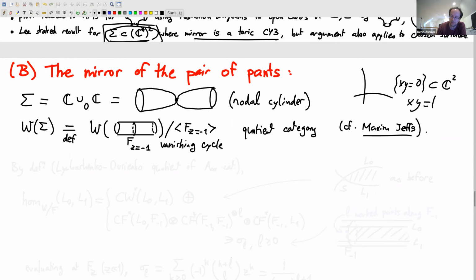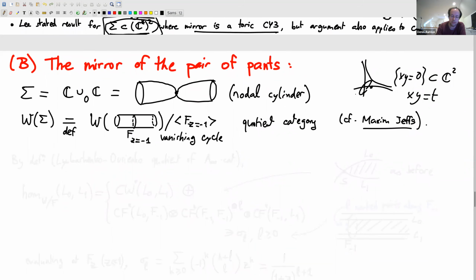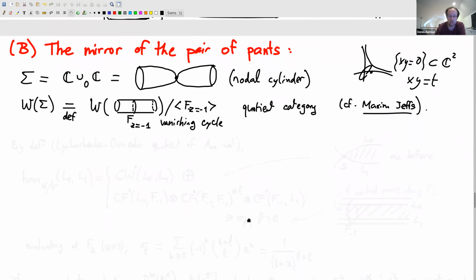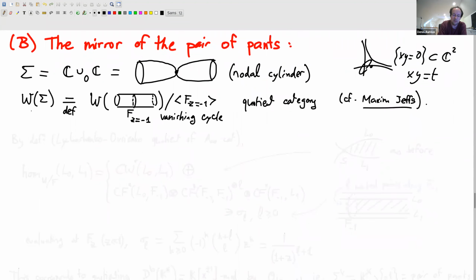It has a smoothing by xy equals t, which is cylinders, and the vanishing cycle for the degeneration is just a curve around. So the slogan is you're supposed to be able to define the Fukaya category of a singular hypersurface by just smoothing and then quotienting by the category of vanishing cycles.